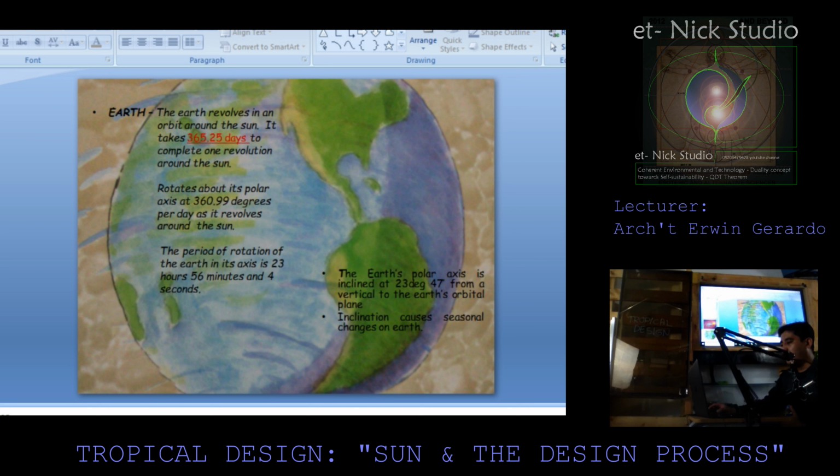The period of rotation of the Earth in its axis is 23 hours, 56 minutes, and 4 seconds. The Earth's polar axis is inclined at 23 degrees 27 minutes from a vertical to the Earth's orbital plane. Inclination causes seasonal changes on Earth.